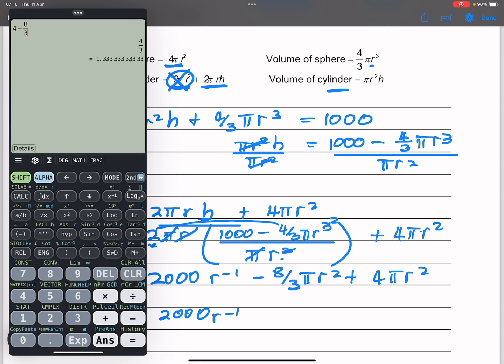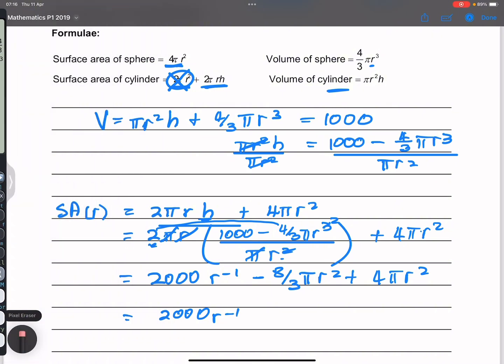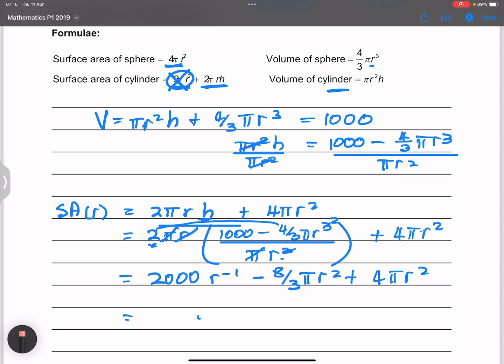I get 4 over 3, right? So that's going to be 2000 r to the negative 1, plus 4 over 3 pi r squared. Right, so this is the surface area in terms of r. So I've eliminated all the variables.